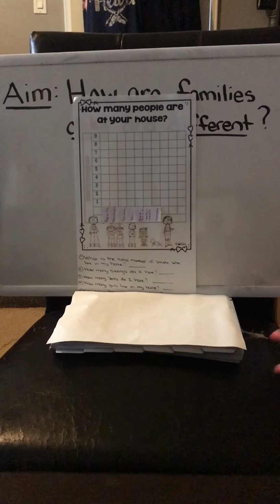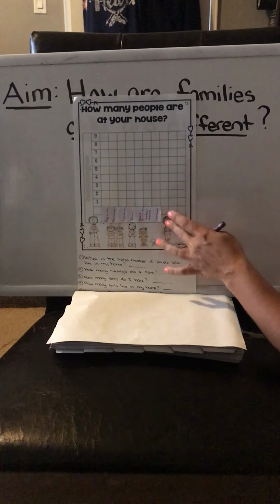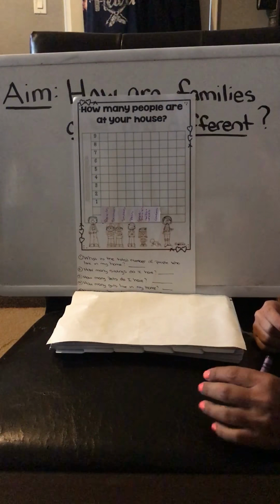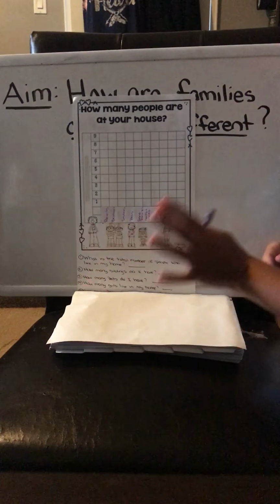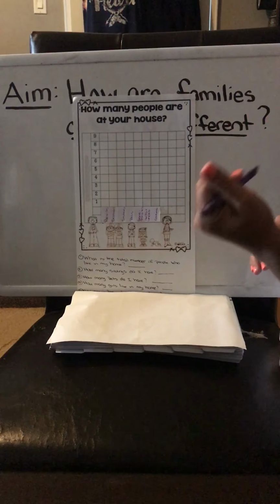So you might have somebody different living with you. Maybe you have a friend, or maybe your mom has a friend, or your dad has a friend. So you can also include that on your graph. So each one of your graphs, boys and girls, are going to be different. Okay, so watch me as I graph, and then we're going to talk about what our next steps will be.